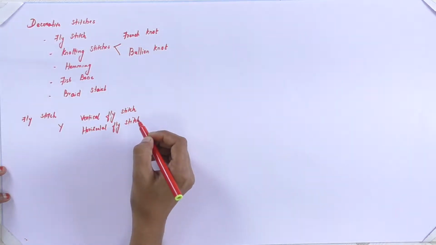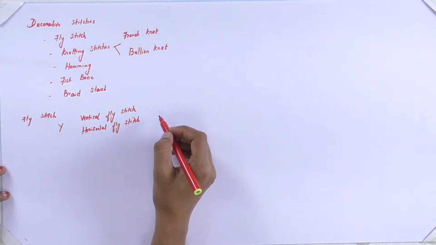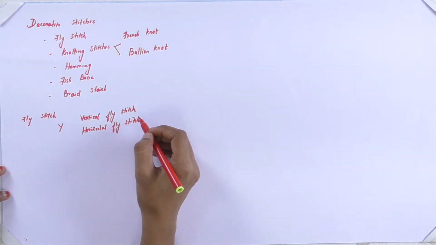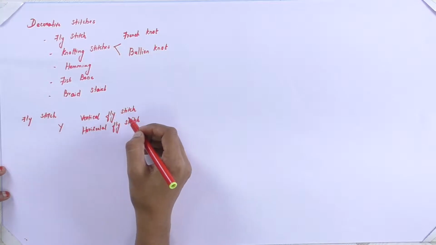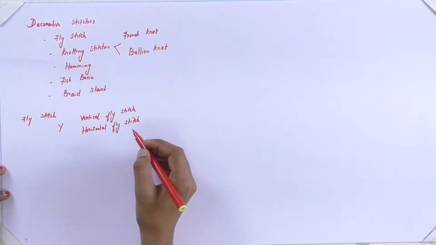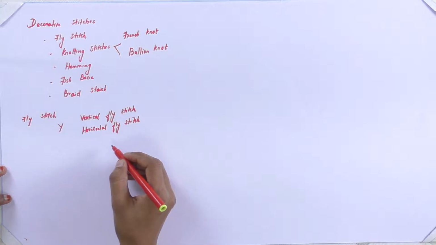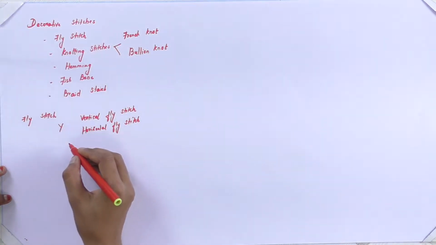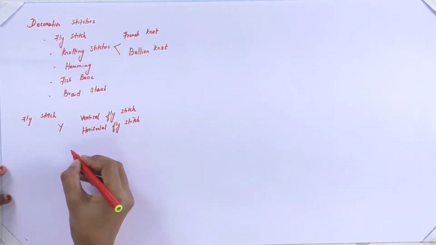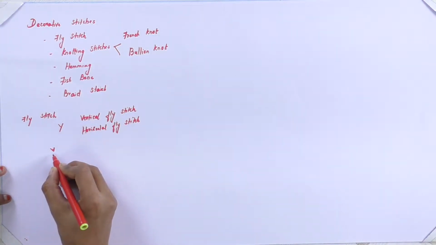This fly stitch is purely a filling stitch. You can fill the motif according to the design you have chosen with this kind of fly stitch. If your design has birds flying, you can prefer this kind of fly stitch, which suits your design well. For birds flying, you can take single fly stitches which look like this.